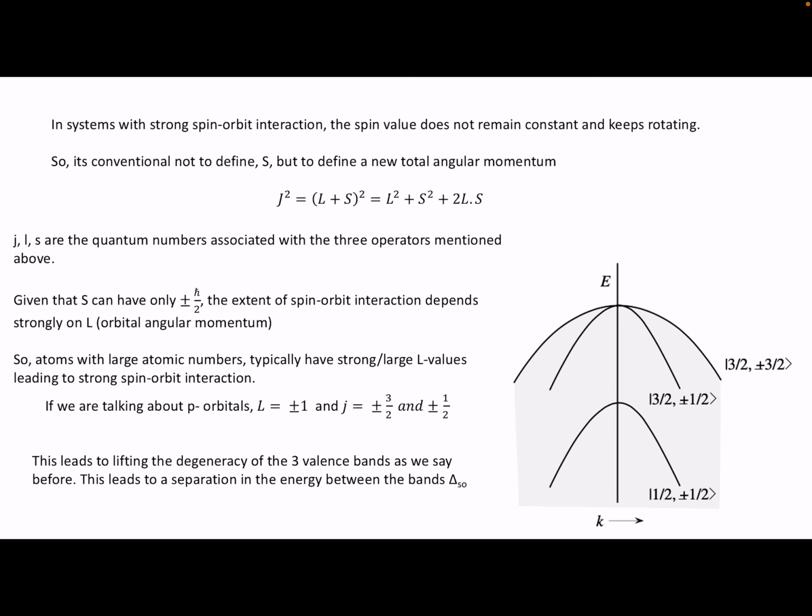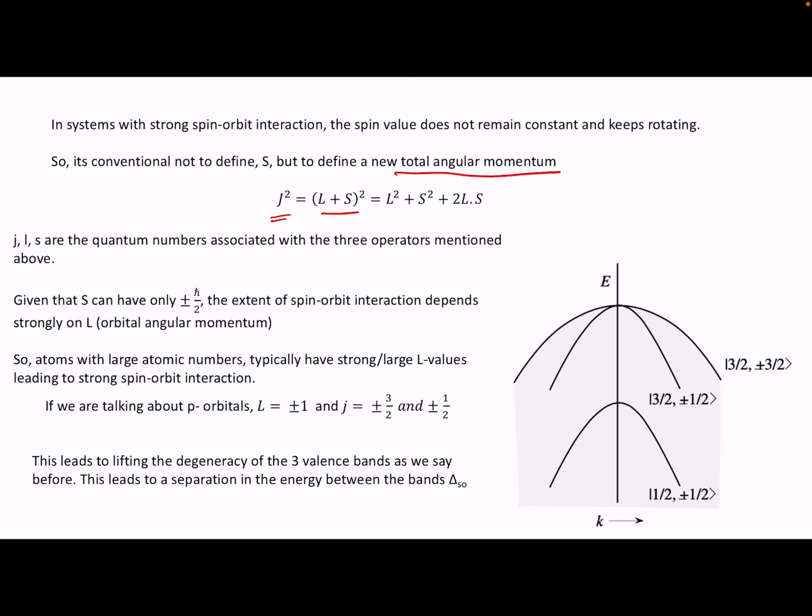So when we have this kind of a magnetic field coming out because of the orbital angular momentum of the valence band, spin is no longer a good quantum number. So we define J, which is called the total angular momentum, not the orbital. It is defined as J squared equals the summation of L plus S squared.